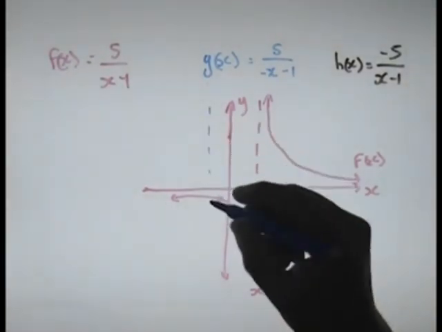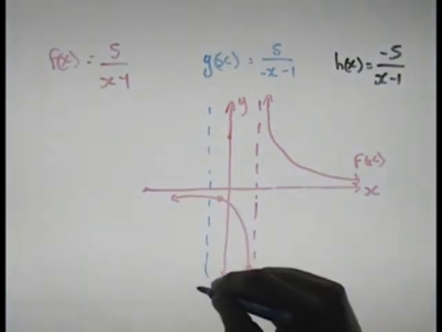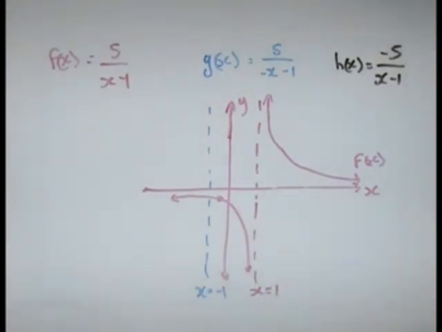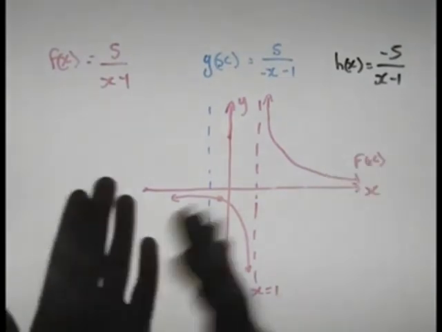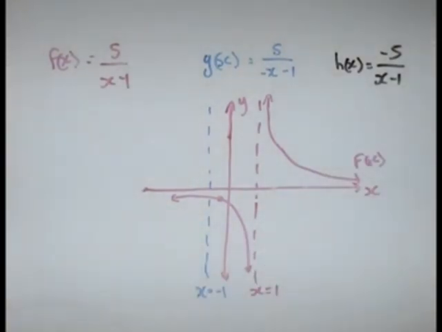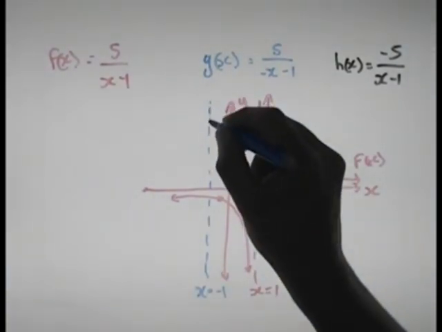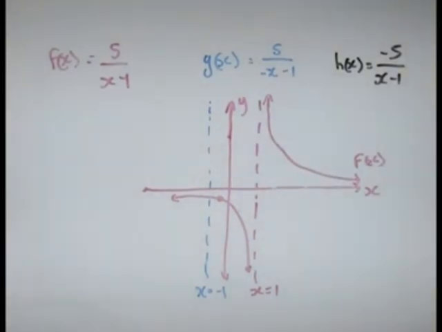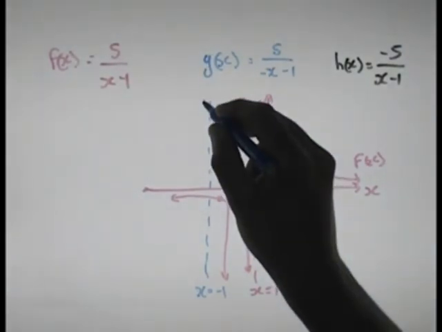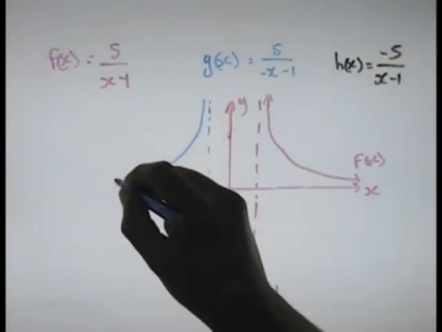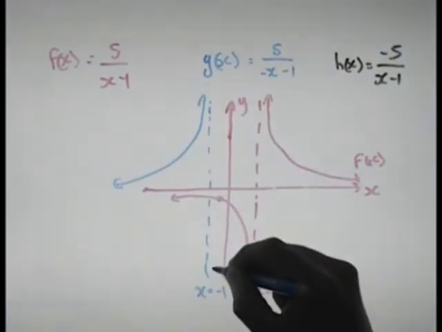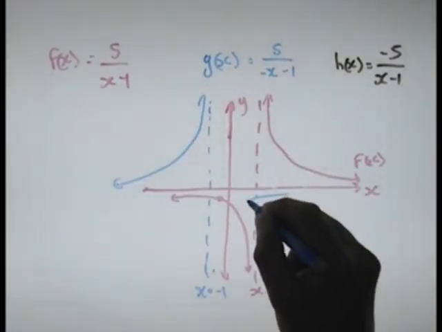That means that we are going to have a new asymptote of x is equal to -1, and the entire graph flipped around the y-axis, which means that our new graph is going to be over there and over there.